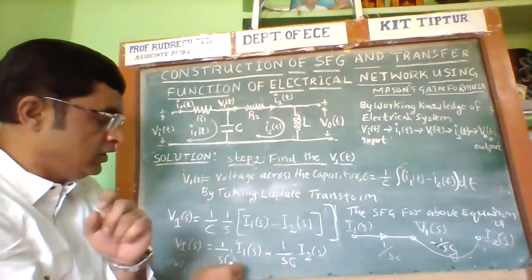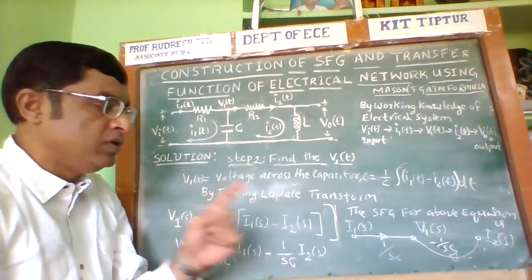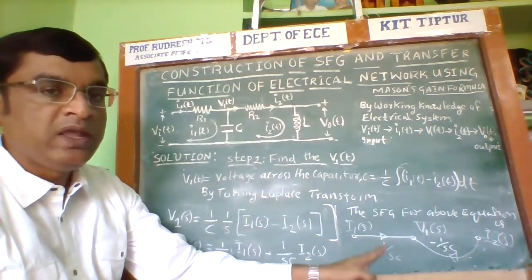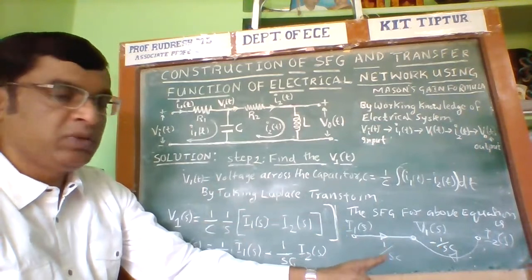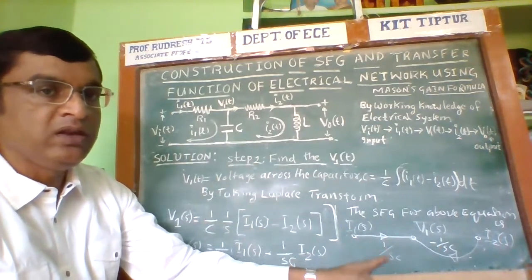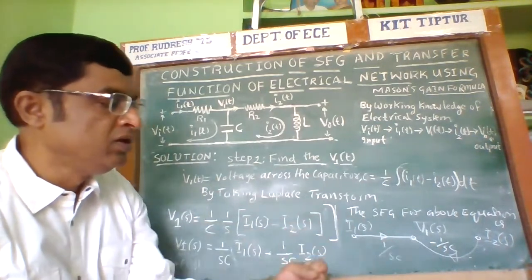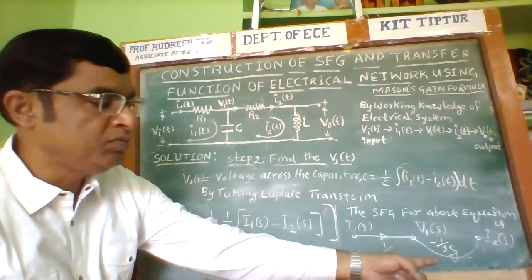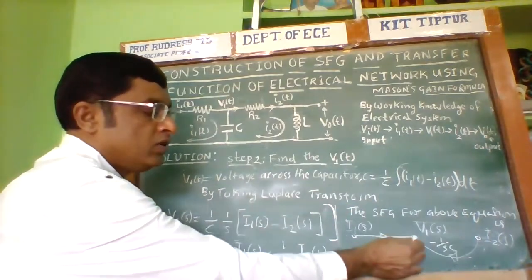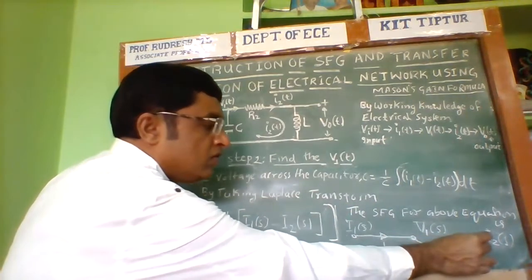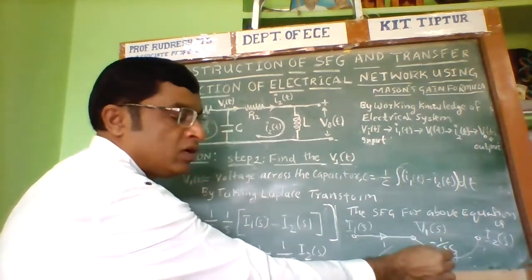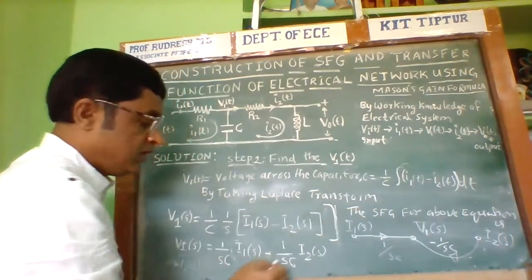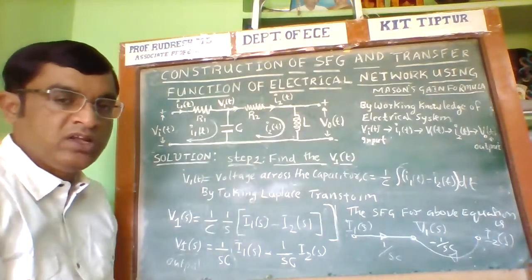The variables are the signals, and constants are assigned to the branches as the gain, transmittance, or transfer function. 1 by SC is the transfer function of this branch, and minus 1 by SC is the transfer function of that branch. The signal at this node is the sum of the input into the transfer function, and then you get this equation.